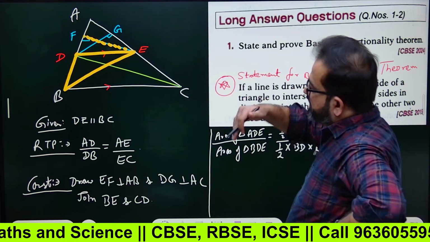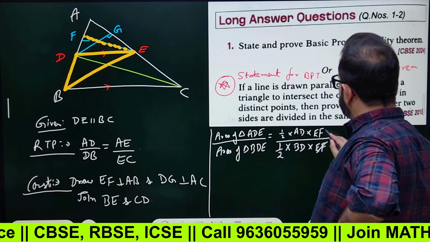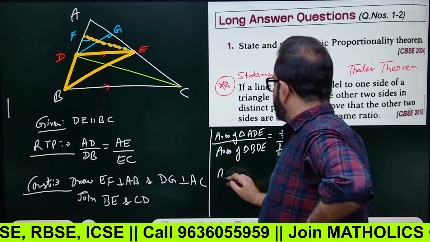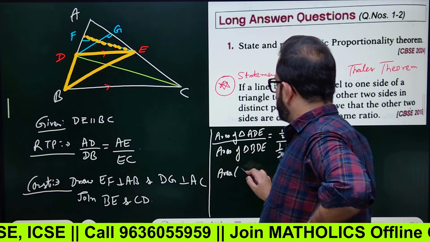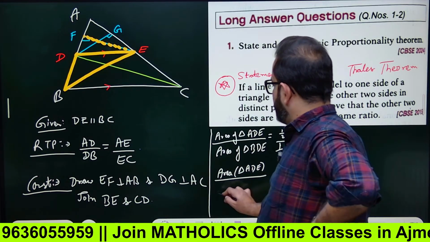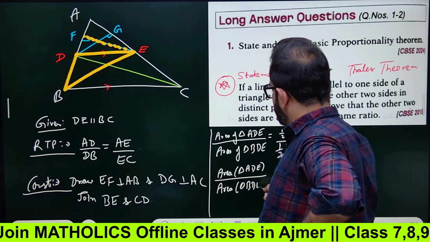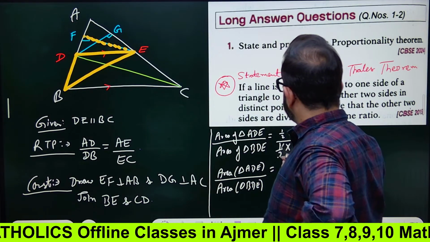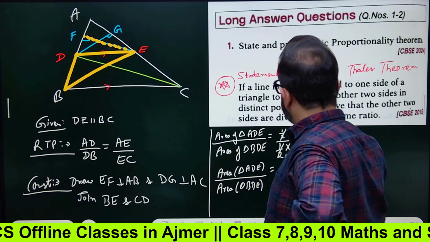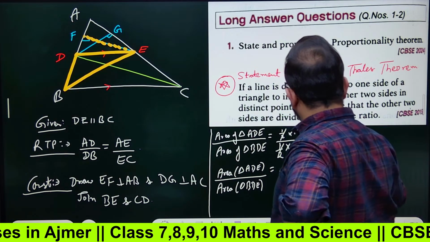So EF got cancelled. So area of triangle ADE upon area of triangle BDE is equal to, half also gets cancelled, AD upon BD, right? This is equation number 1.